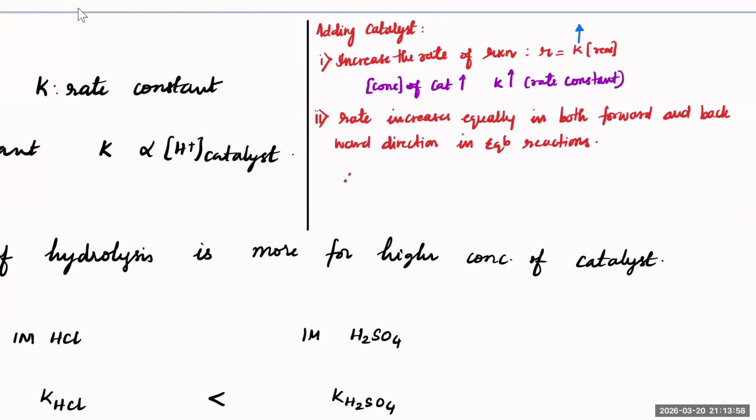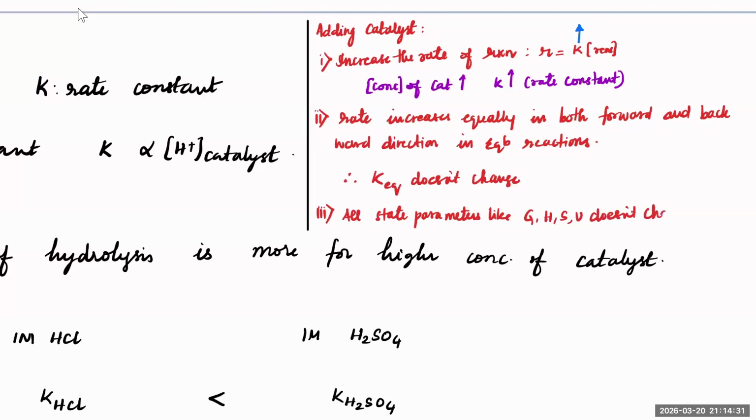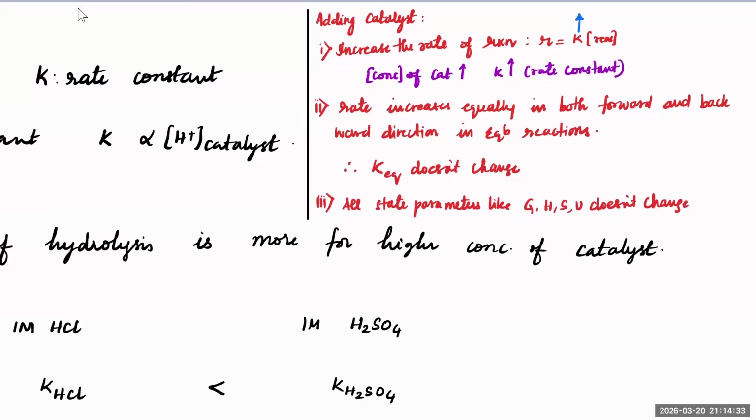Therefore, K of equilibrium does not change. If K equilibrium does not change, then all state parameters like free energy, enthalpy, entropy, internal energy do not change on adding a catalyst.